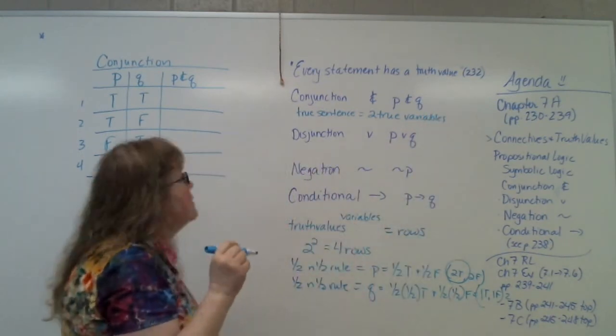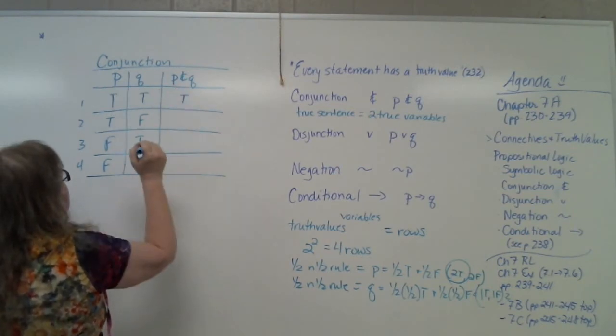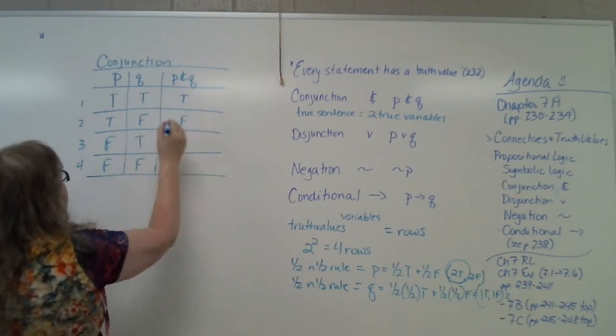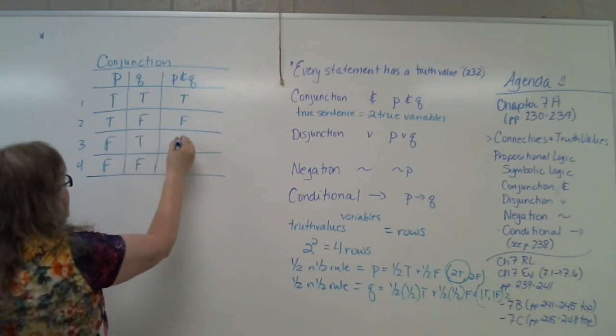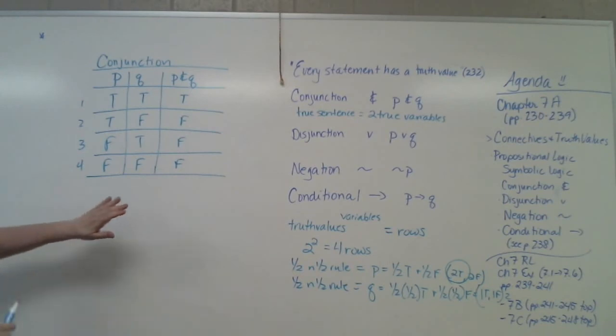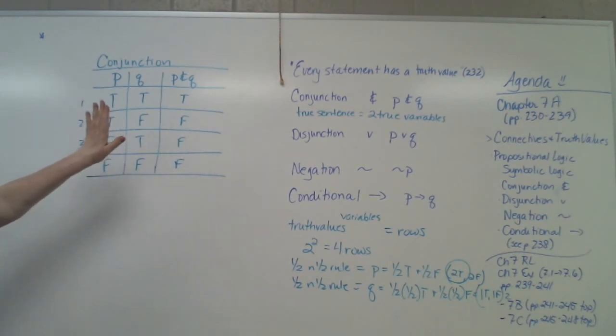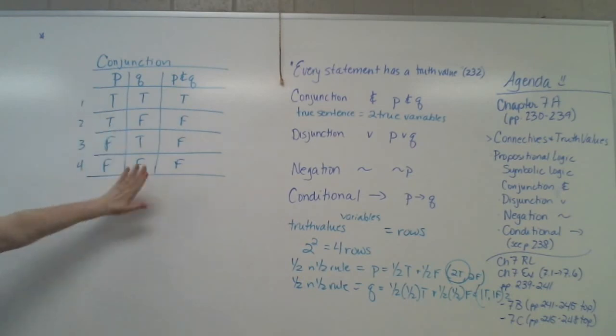And that's it. Everything else is false. So if I'm true and true, it's true. True and false is false. False and true is false. And false and false is obviously false. And anytime we have that particular structure, the P and Q, it's always going to look like this.